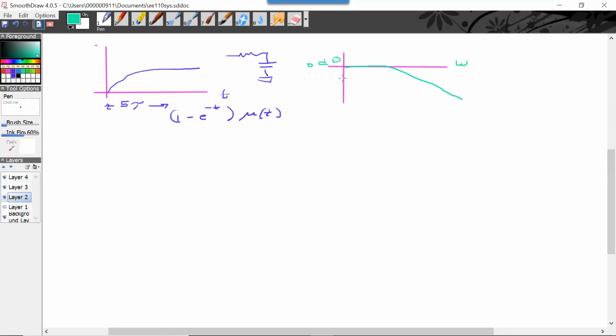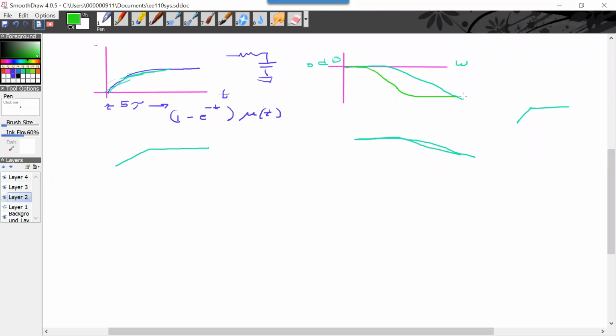And it almost looks like these are the inverse of each other if you flip them around the x-axis, right? I have a shape that does this, and then I have a shape that does that. Now, this is rounded because it's exponential, but remember in our asymptotic Bode plots, we tend to draw things with kind of an angle. And of course, let's not forget the phase.